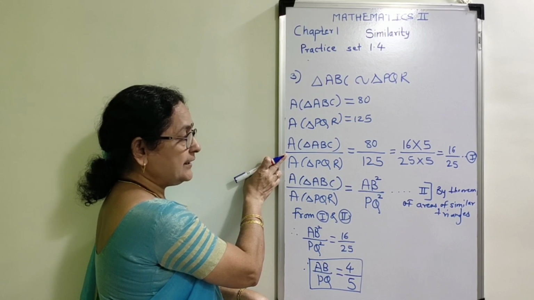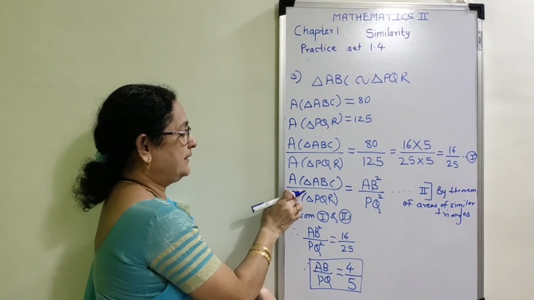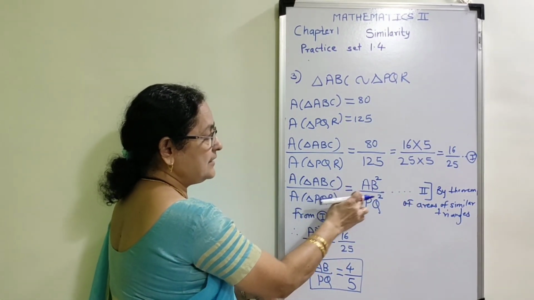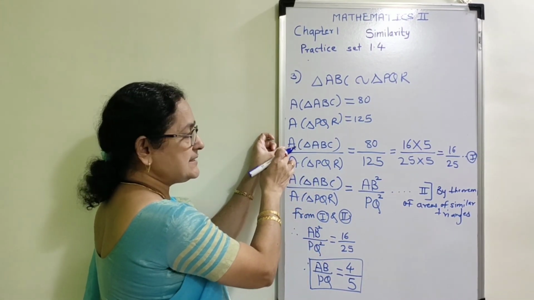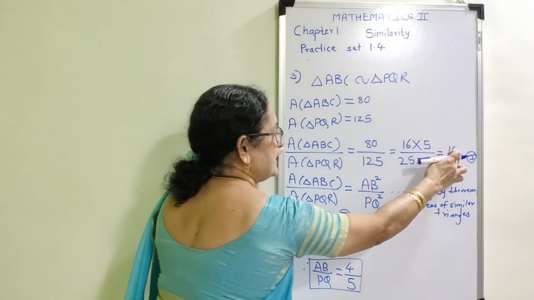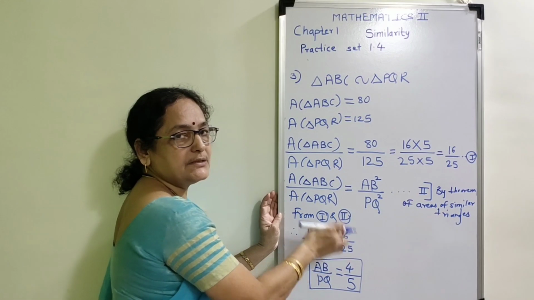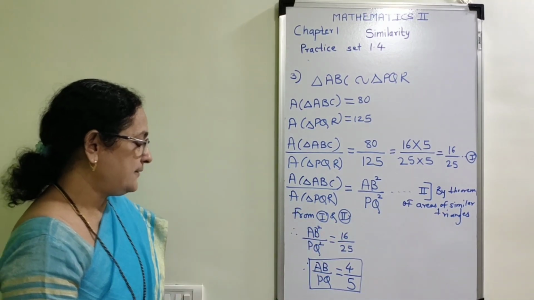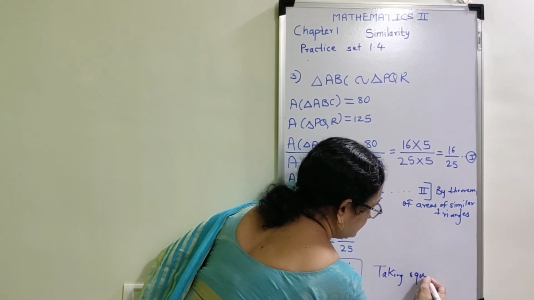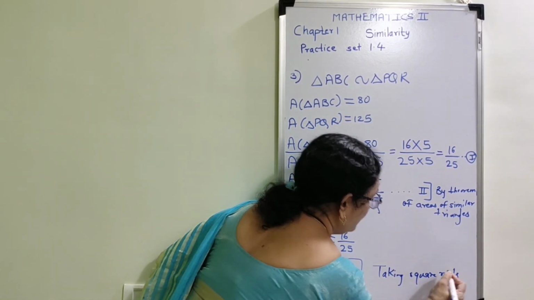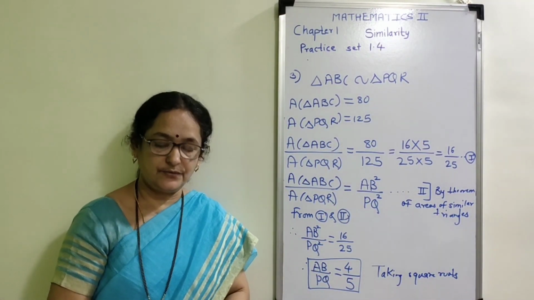Write first of all the given ratio, simplify and write the simplest form of the given ratio, then use the theorem and write the ratio again, and therefore by equating these two expressions, since left hand side is equal, there is equality between right hand side, and therefore AB square upon PQ square is 16 is to 25, and therefore taking square roots of both the sides, we will get AB upon PQ is equal to 4 is to 5.